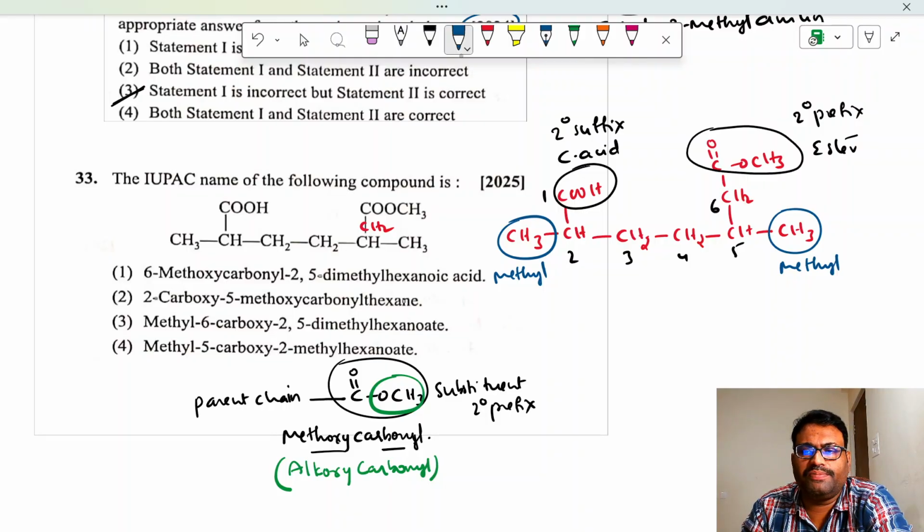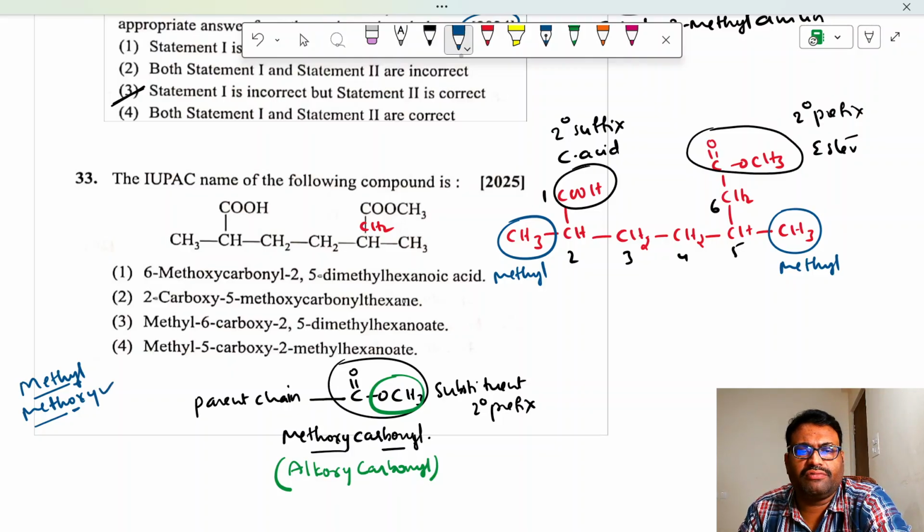So two methyl groups, one methoxycarbonyl group. When you compare the alphabetical order of methoxycarbonyl and methyl, meth is the same, then here it is O. O comes first in alphabetical order.